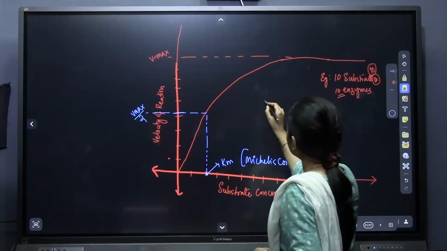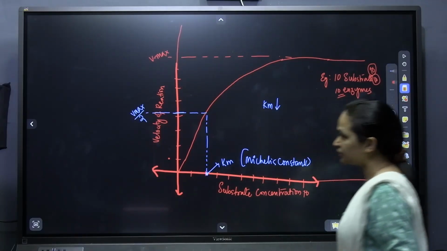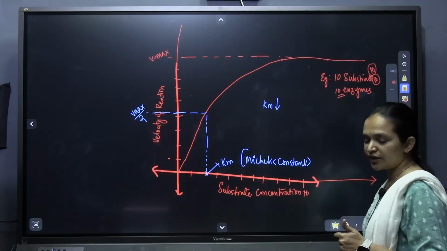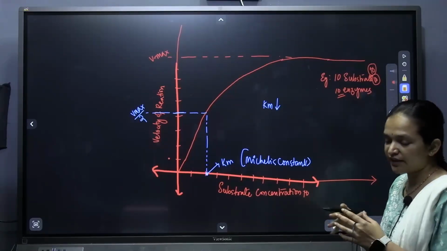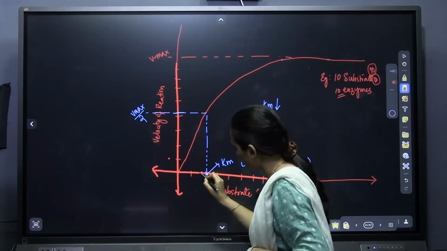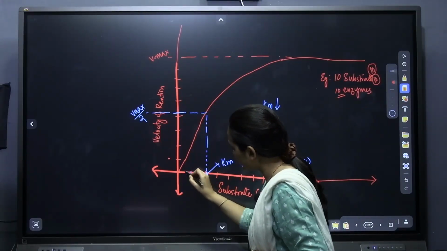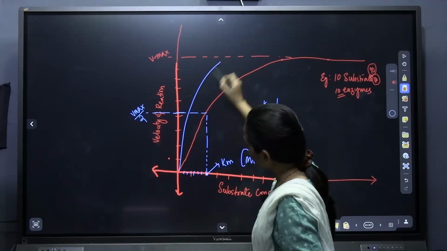Now tell me, if Km is low, if Km decreases, what happens to the rate of reaction? Does it mean the enzyme and substrate affinity is more or less? If the Km goes low, I mean this way, then it can attain the velocity like this, right?